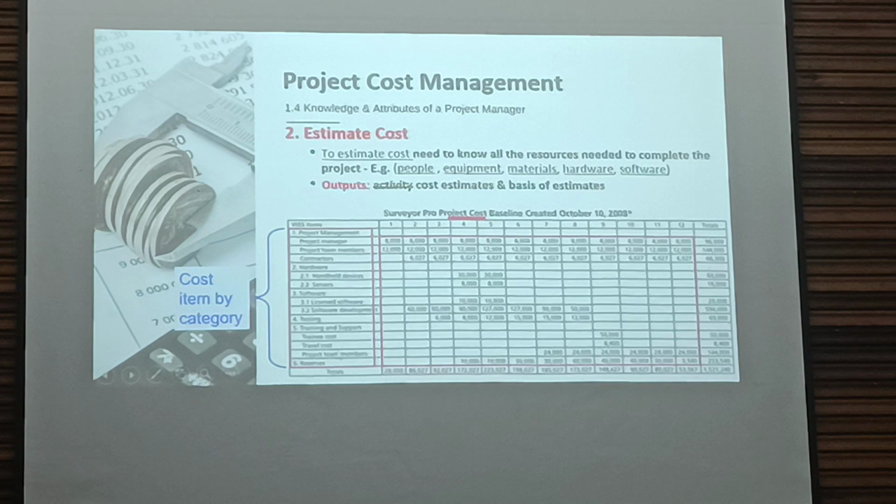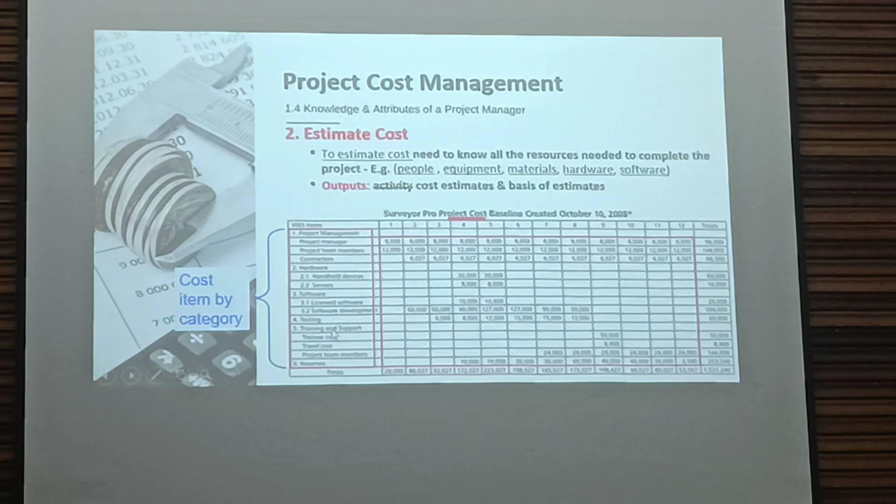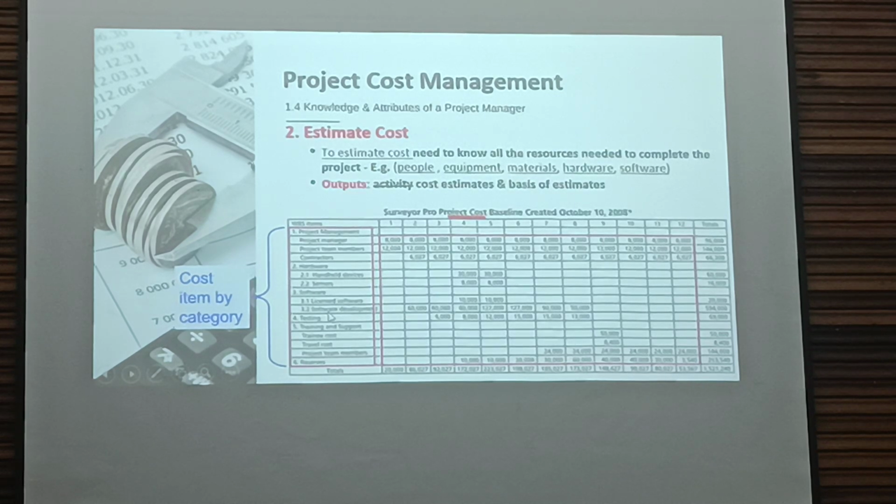These are the cost items by category. Don't list cost items in a straight line; group them. Related costs go into one category. A straight line is difficult to comprehend.